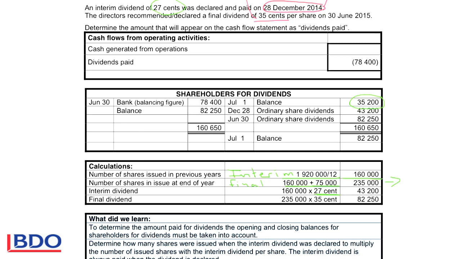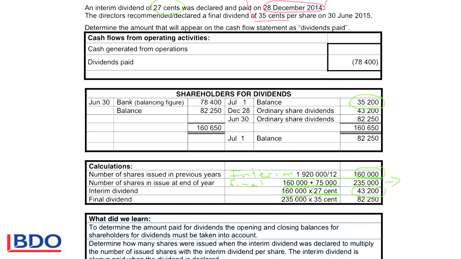We calculated there that we sold 160,000. So if I multiply 160,000 with the 27 cents, I see that the interim dividend is 43,200 Rand.